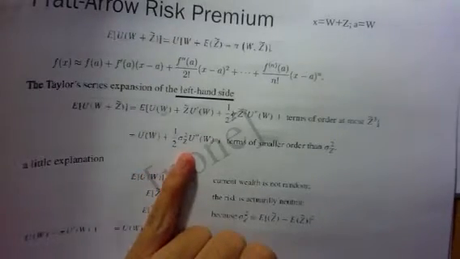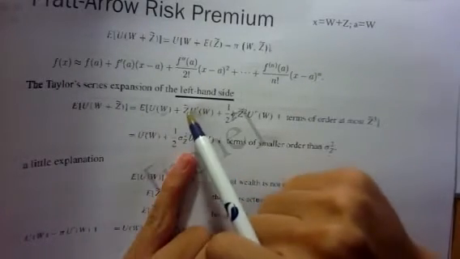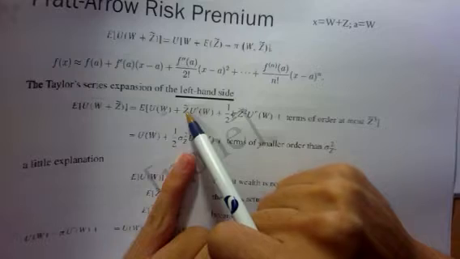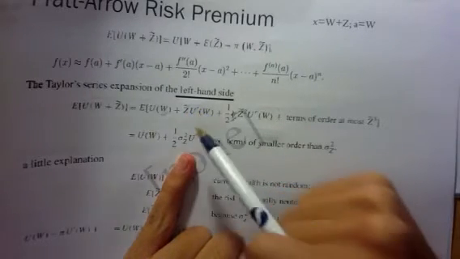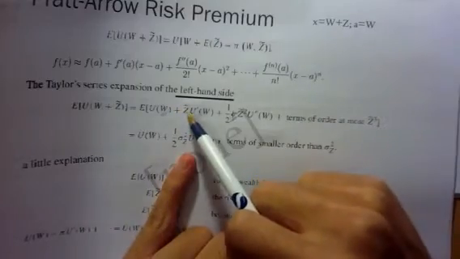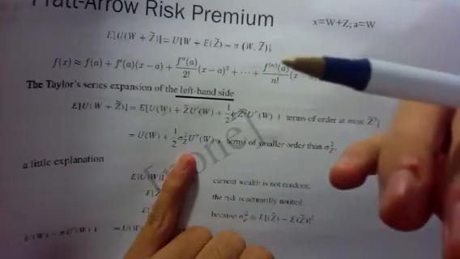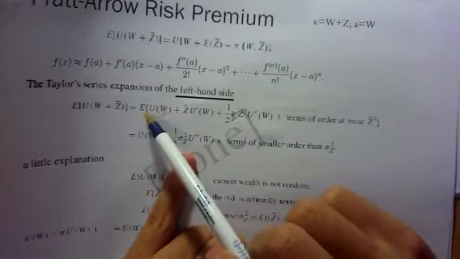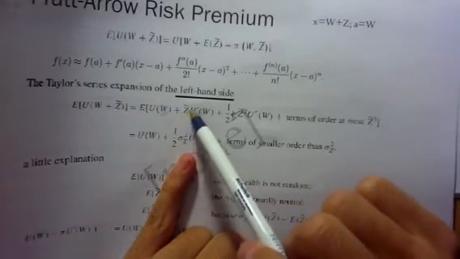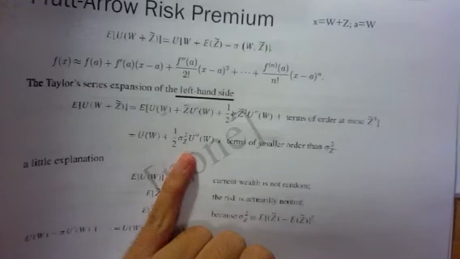Look at the second term: expectation of z multiplied with the first derivative of u, the first derivative of w. According to the given condition, the expectation of the gamble should be 0, right?